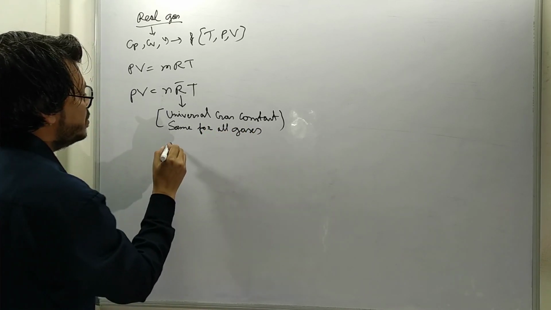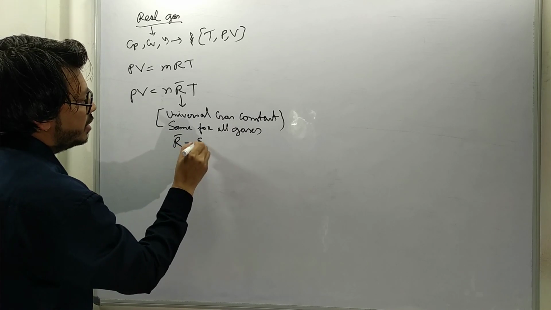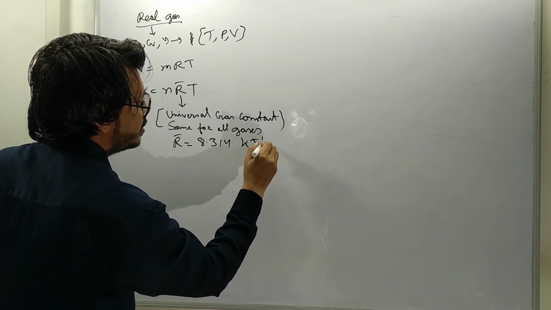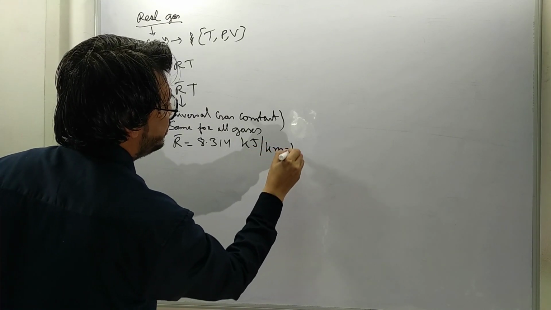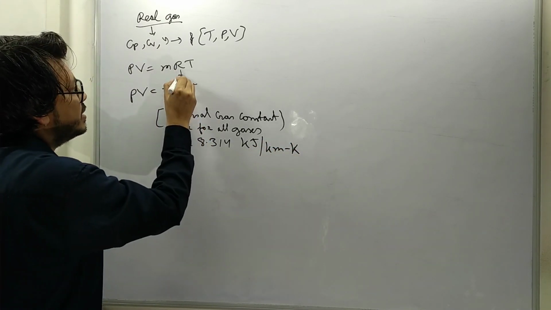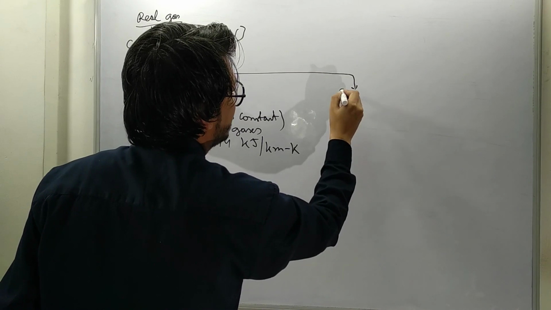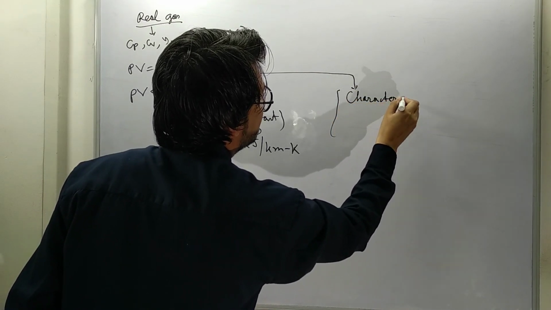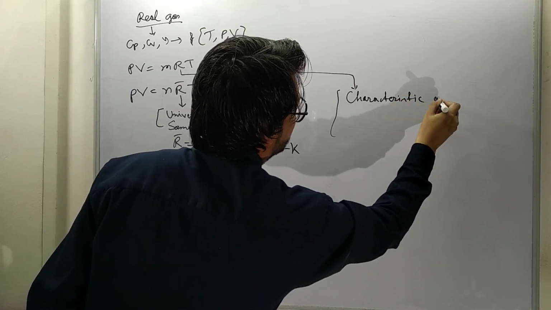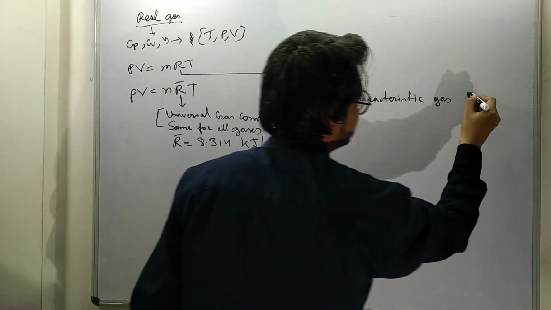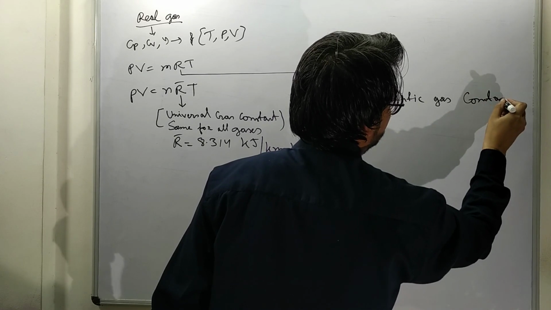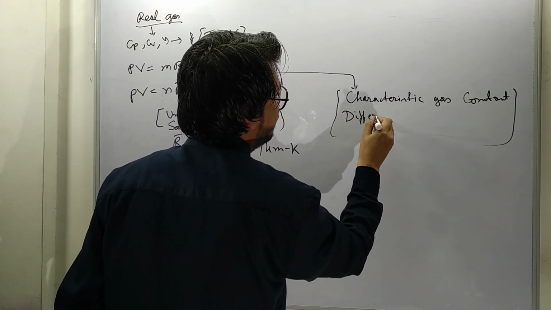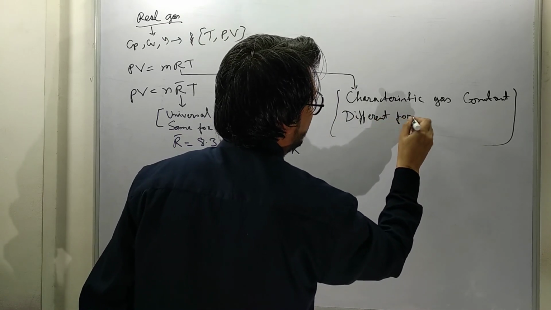Its value is 8.314 kilojoule per kilomole Kelvin, and this R is the characteristic gas constant, and its value is different for all gases.